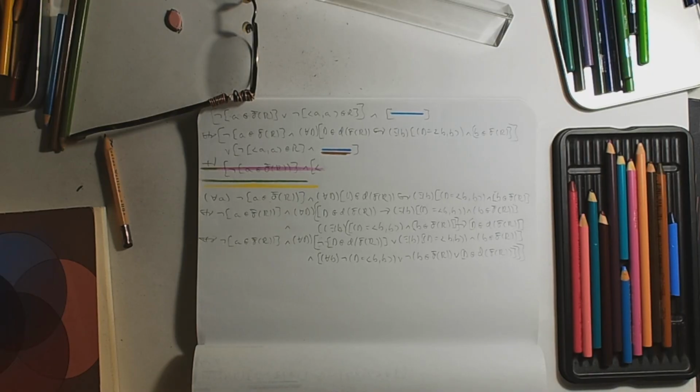Actually, I get an idea that has been popping into my head a few times. The ordered pair in set theory is a construction. We say the ordered pair is equal to the set containing the set containing A and the set containing A and B. So, what is my idea here?